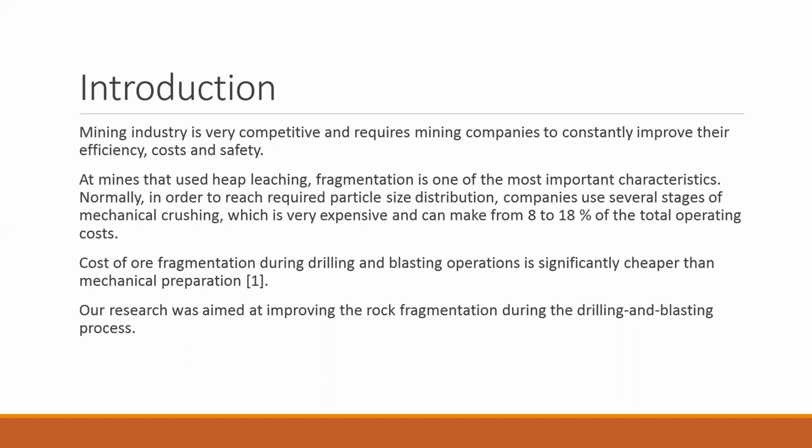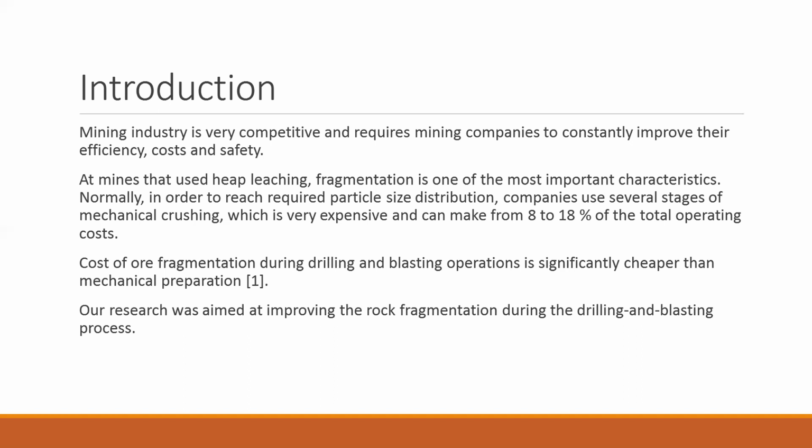The reason why it increases the costs is that if your rock size is too big, then obviously you need to put several stages of crushing, of mechanical crushing. Normally it is at least 3 stages to get required piece size.